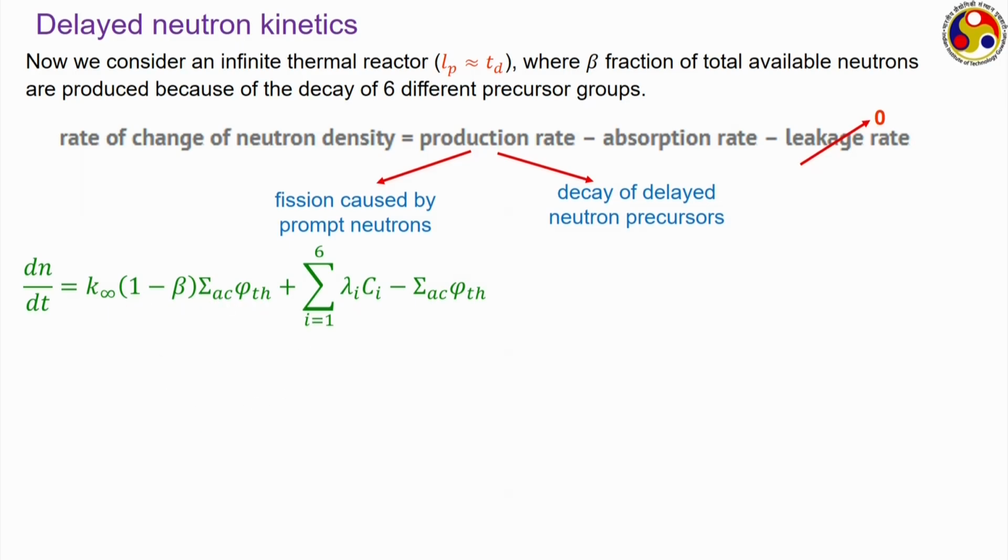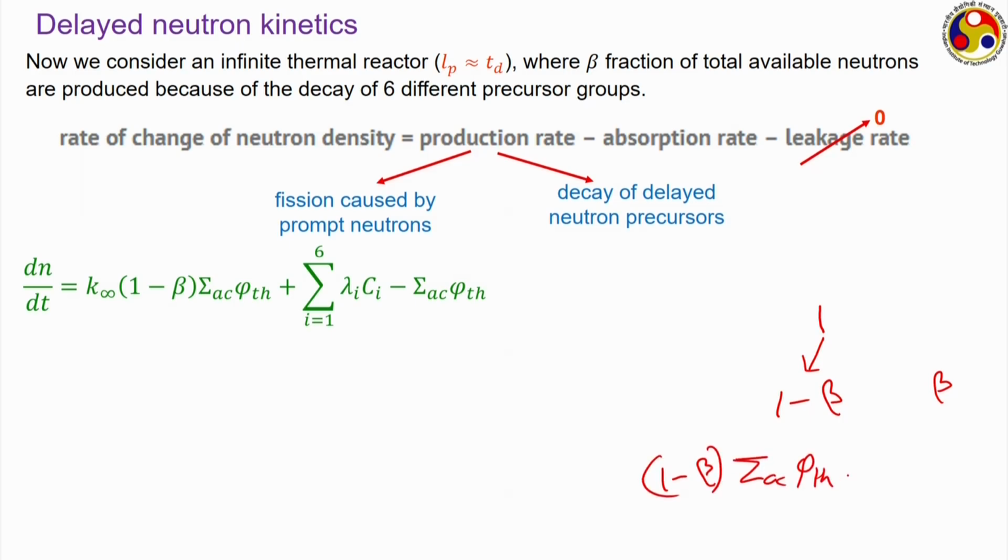If we consider the total number of neutrons to be 1, then out of that, 1 minus beta comes from prompt neutrons and beta comes from delayed neutrons. Therefore, the total rate of fission caused by prompt neutrons is the number of fission reactions happening because of the prompt neutrons, 1 minus beta into sigma AC into phi thermal.